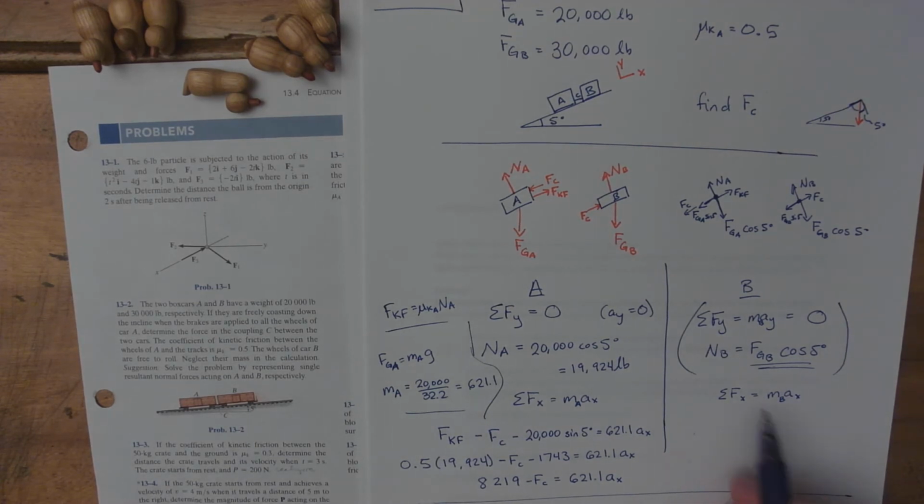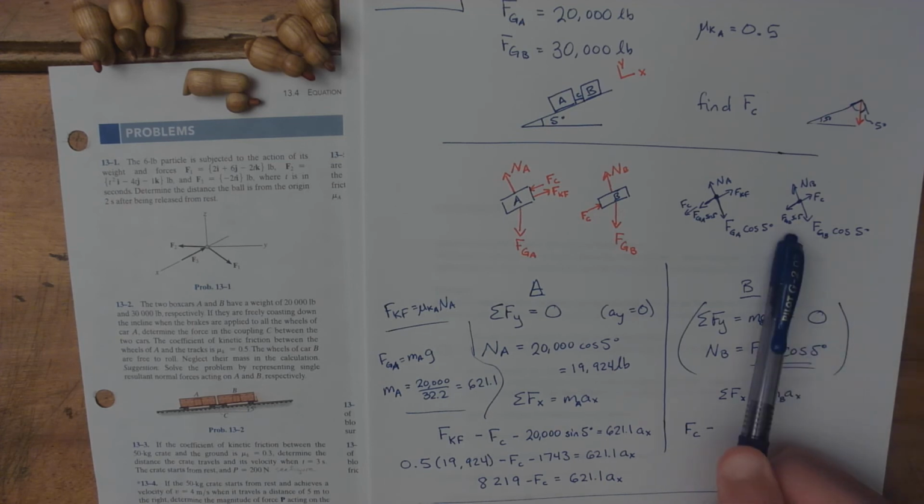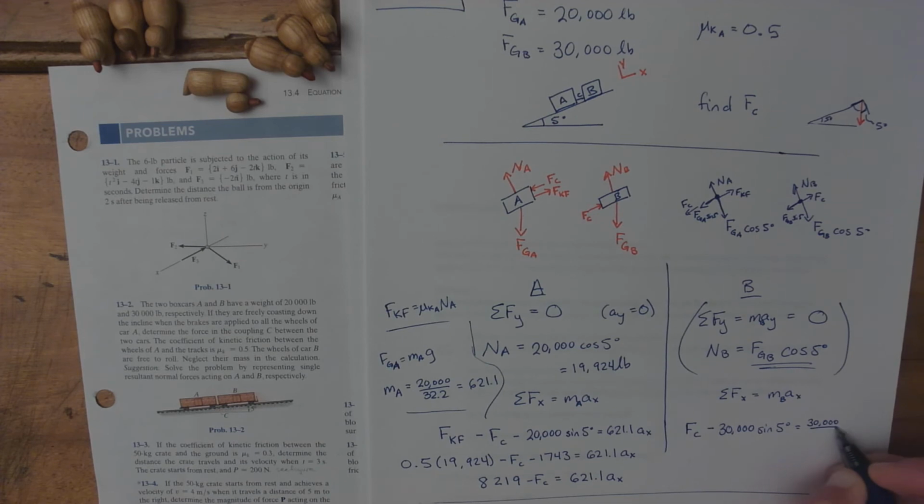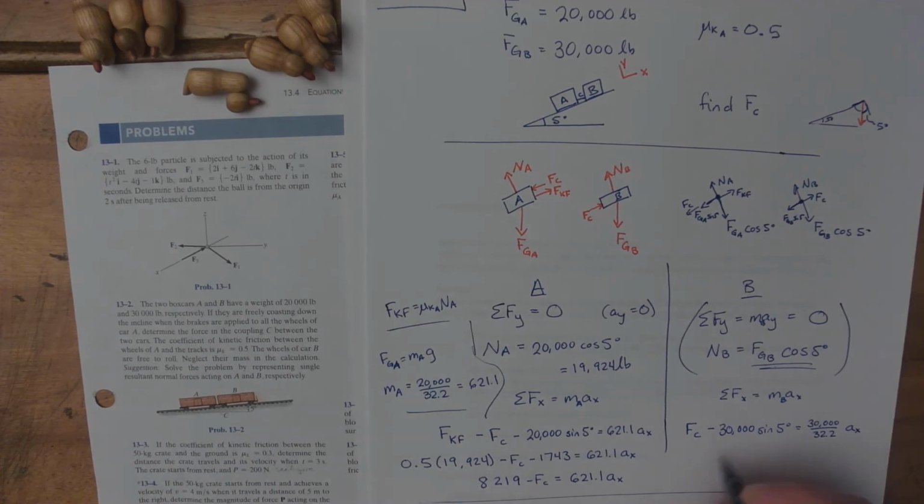We only have two forces acting in the x direction, so we have FC, which is going in the positive x direction, minus the force of gravity for B, which is 30,000 times sine of 5 degrees is equal to the mass of B, which is 30,000 divided by 32.2 times the acceleration in the x direction. 30,000 times sine of 5 degrees is 2,615.